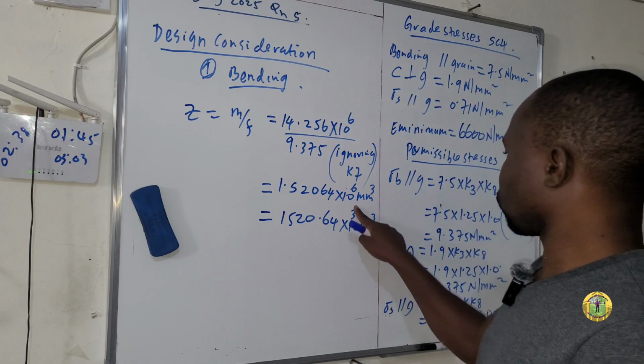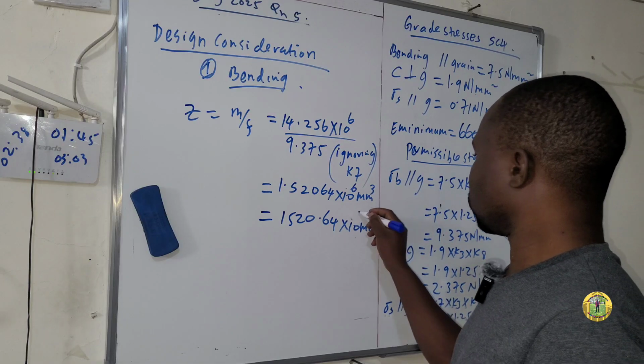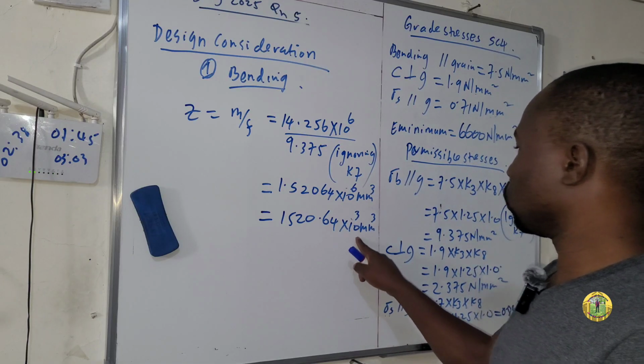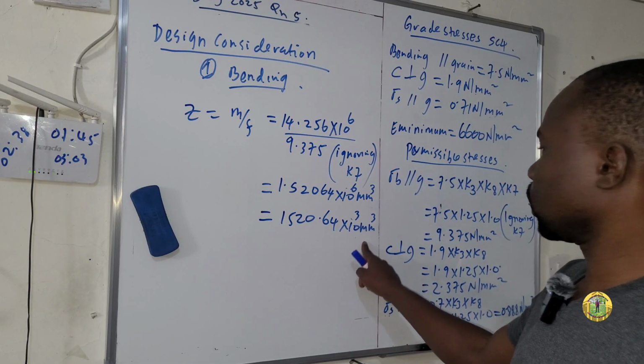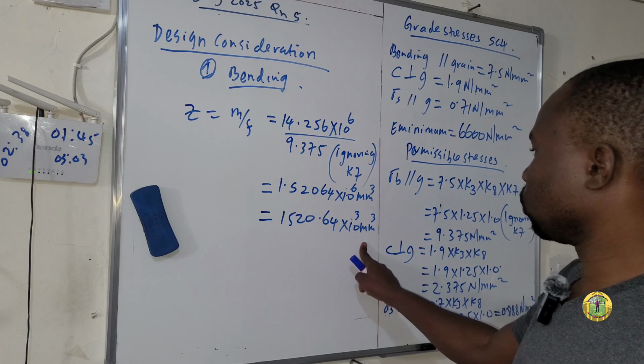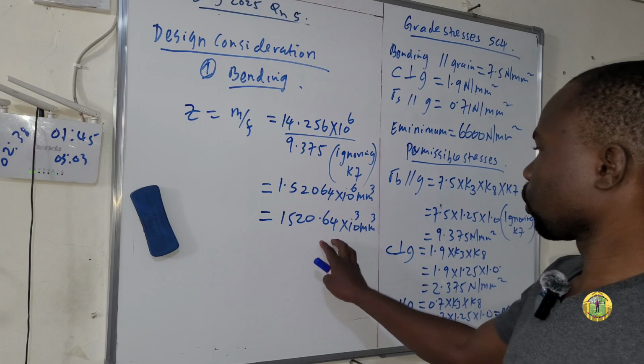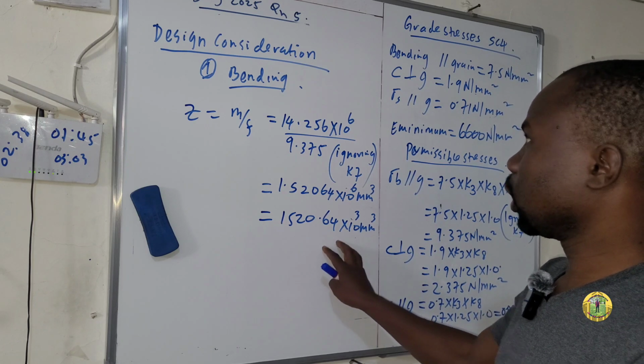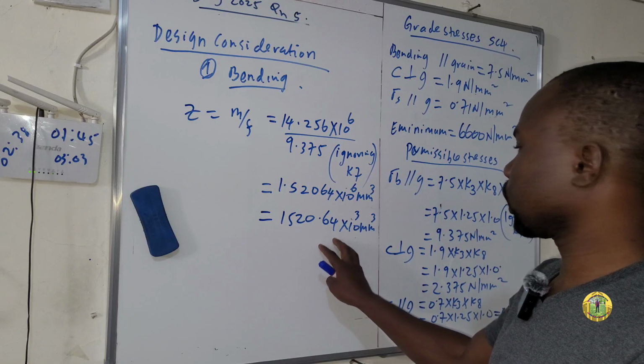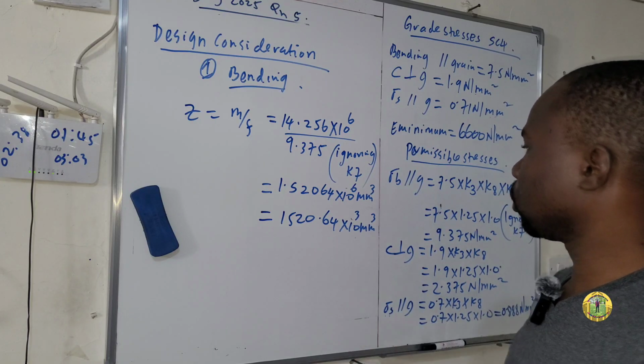In the table, that is given in 10 raised to power of 3 millimeter cube, so this will help you to select a section from the table.